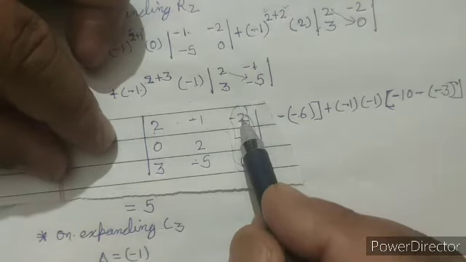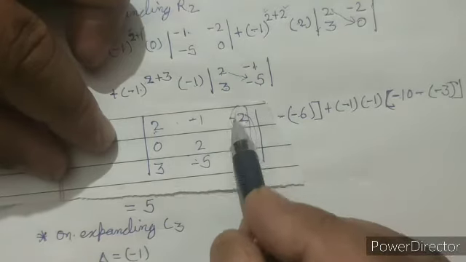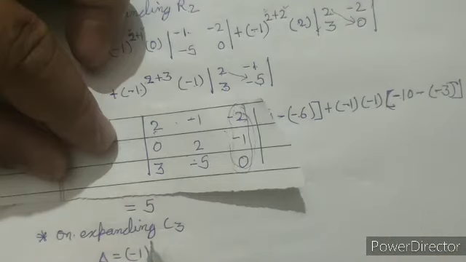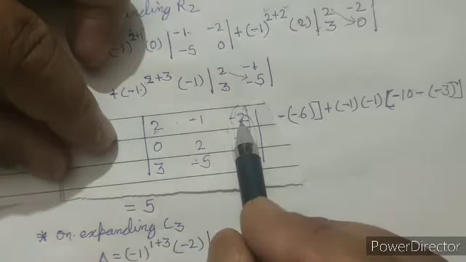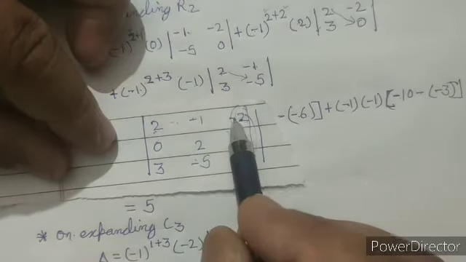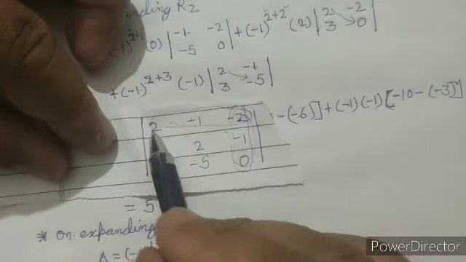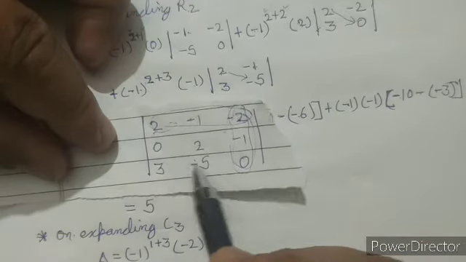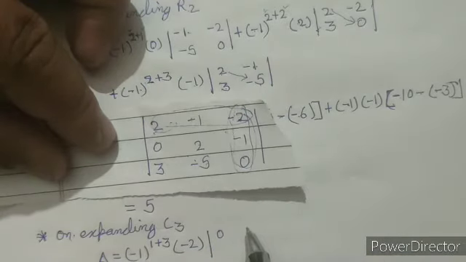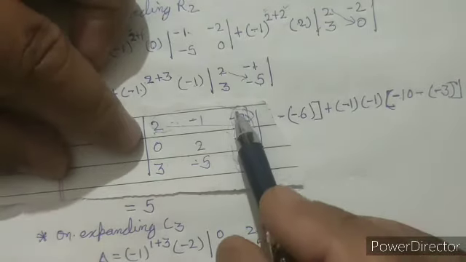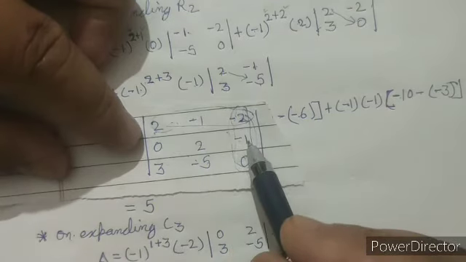This minus 2 is the element of the first row and third column. So this will be 1 plus 3 into minus 2 into the determinant of, now we will eliminate the row and column of minus 2, and this will give us 0, 2, 3, minus 5. So 0, 2, 3, minus 5 plus, now the second element of the third column is minus 1.